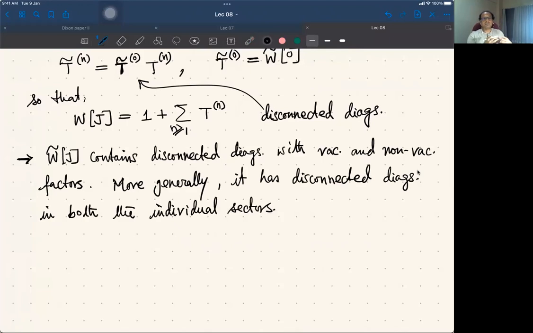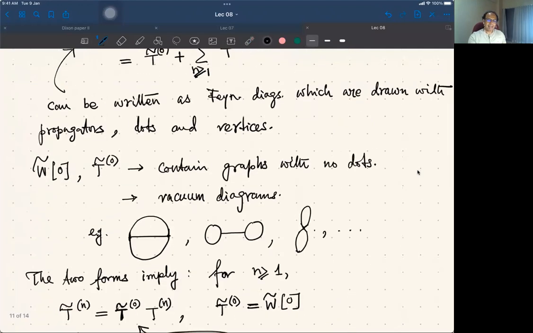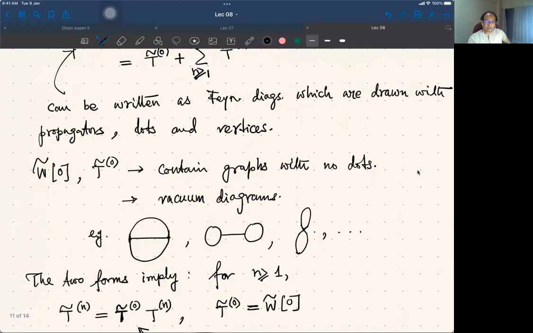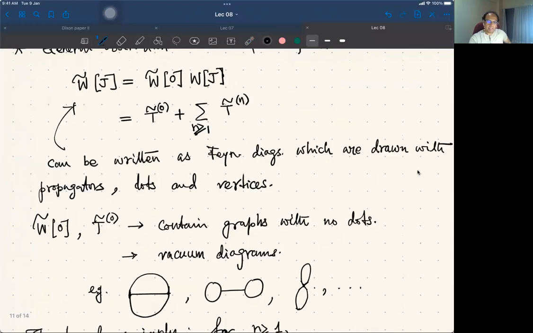Both within the vacuum diagram contribution, which is W tilde 0, and the non-vacuum diagram, which is Wj, both of them will have disconnected diagrams inside them.